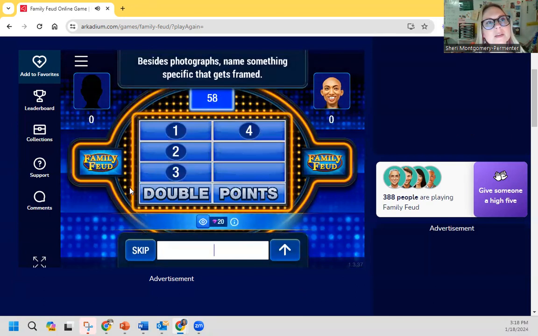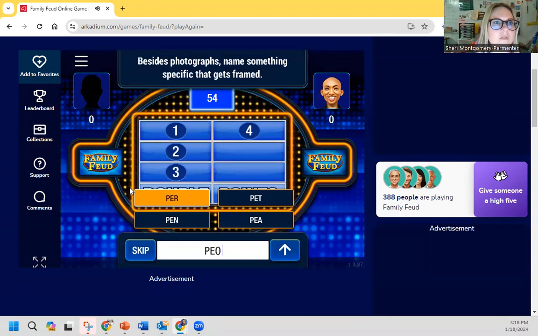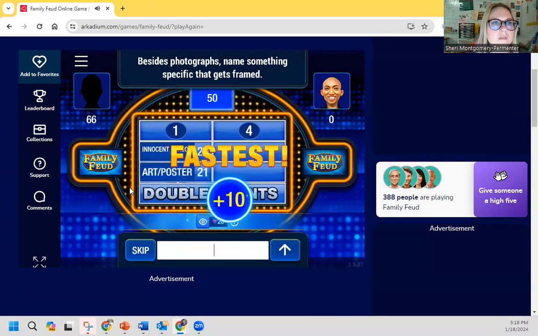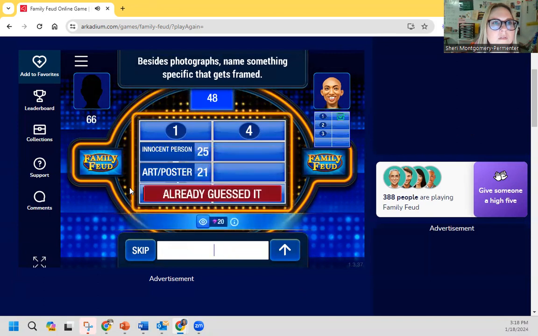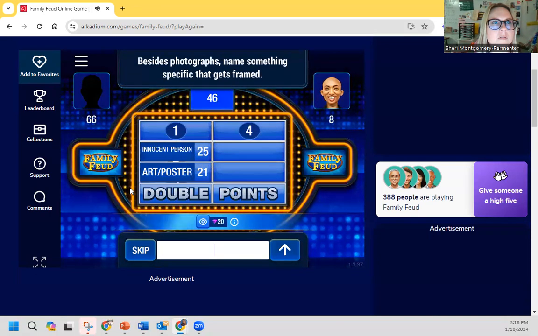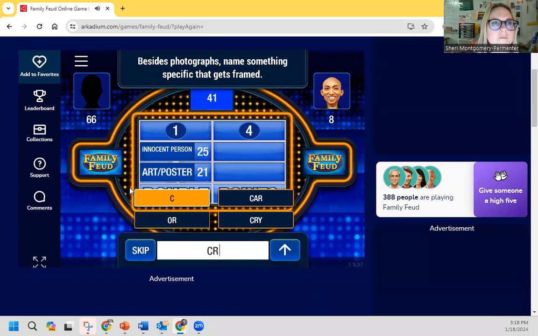Besides photographs, name something specific that gets framed. Living things.